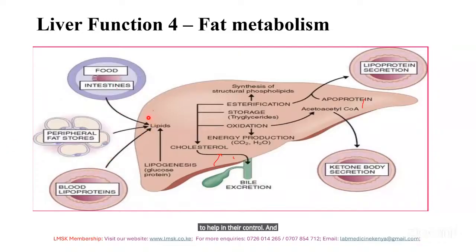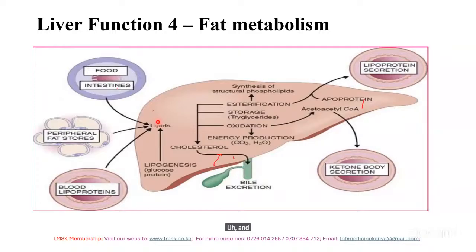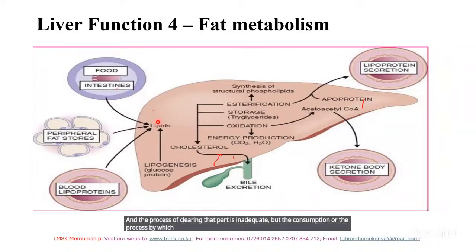That process is usually impaired. That's why there is too much deposit of fats and people get fat. The process of clearing that fat is inadequate, but the process by which more fat is coming in is too much.